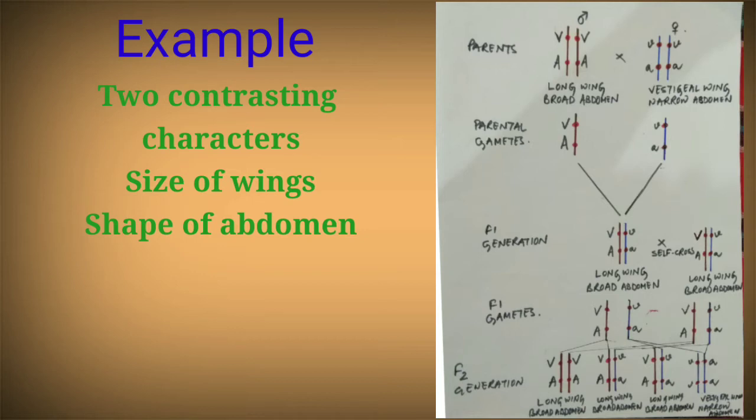That means the long wing and the broad abdomen won't be separated and always tend to remain together generation after generation. Similar is the case with the vestigial wing and the narrow abdomen, which are present on the same chromosome. Long wing and broad abdomen genes are the linked genes in the male parent, and the vestigial wing and narrow abdomen genes are the linked genes in the female parent.